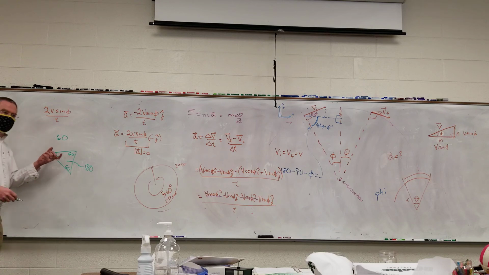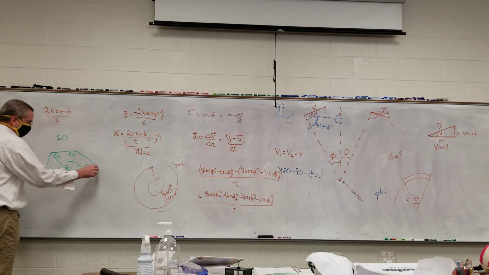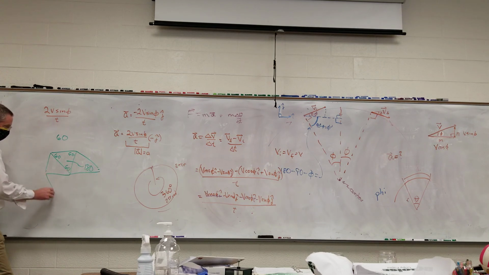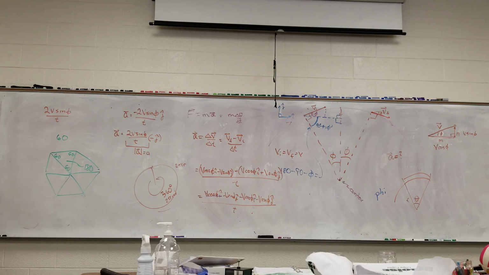So I have a wedge here, each angle is 60. If I tack on another one here, and another one there, I can actually get it to go all the way around. If all my triangles are equilateral and the same size, I can pack 6 of them in there. And so, that's where 360 comes from.